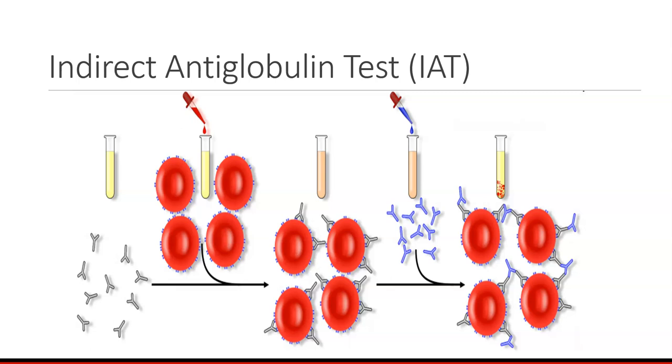We then wash thoroughly 3 times, and then we add the AHG to the test system. If antibody is coating the cells, we then get lattice formation, which results in agglutination.